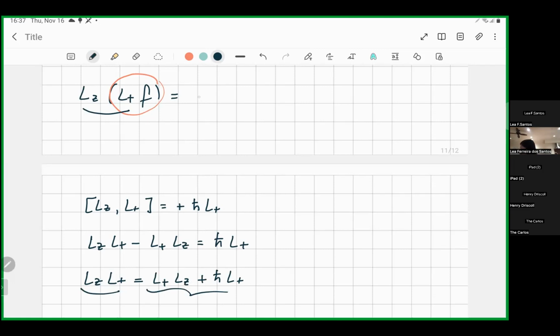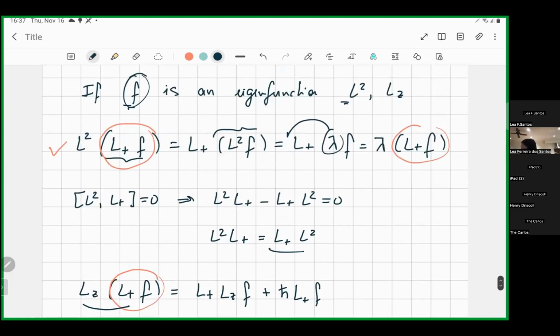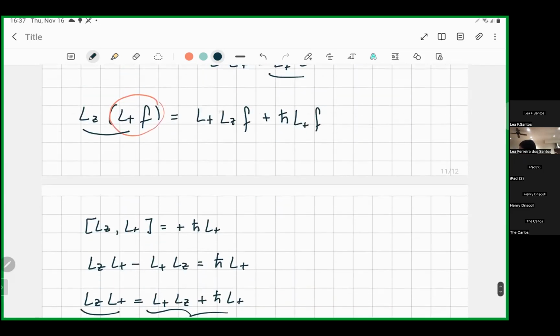So I have L plus LZ of that function plus h bar L plus of this function. Well, we said that f is an eigenfunction of LZ. So this is me f, the eigenvalue. I don't know yet what this eigenvalue is, but it's me f. This is a number, I can move it around.